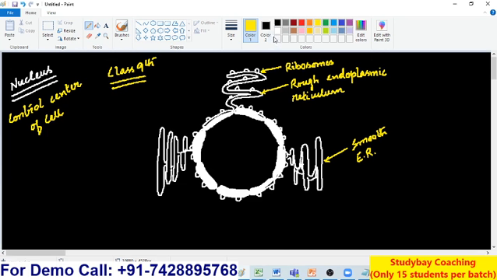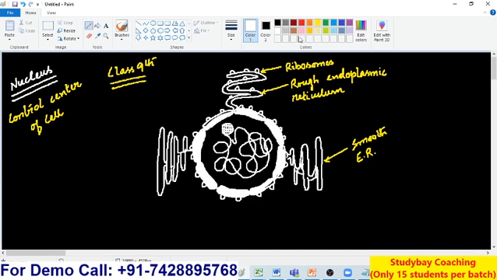Alright, and within this nucleus structure you can find all these threaded-like structures here. Something like this.